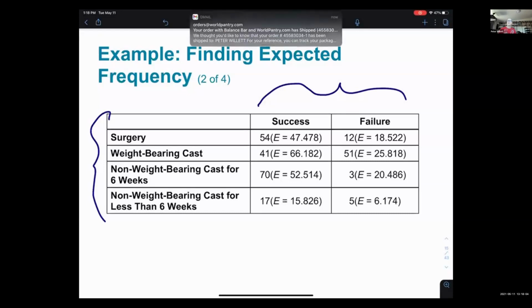And what we see is actually that there were more successes than that and fewer failures in the surgery. Now, is that enough to be something different than random chance? I don't know. We'll have to test that. So that's the idea of what's going on in this example.